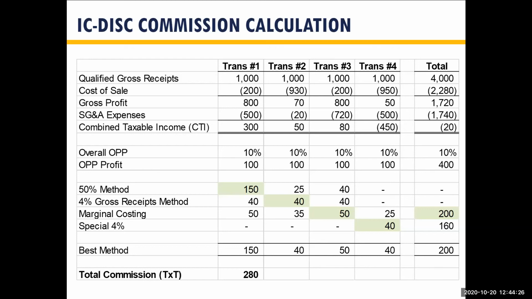And so by grouping everything together, our commission is limited to $200. But by being able to separate the transactions out and by using the best method on a per transaction basis, we increase our commission by 40% to $280. So that's where you can really see the ability to maximize your ICDIS commission through the per transaction method.